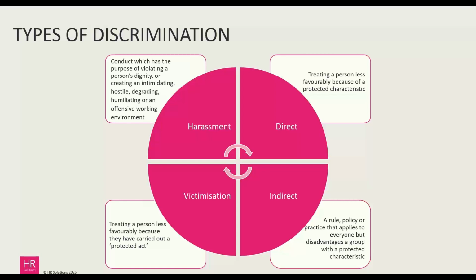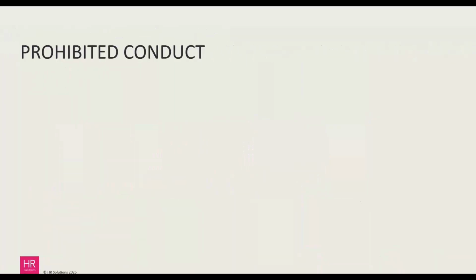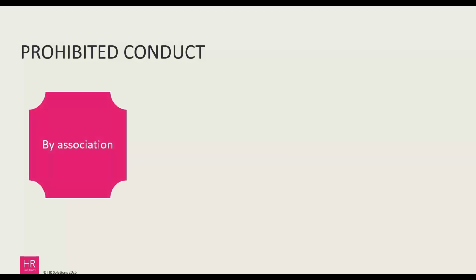But that's not all. Did you know that there are also other types of discrimination that can occur within one of these four main types? And I'm going to show you what these are now. There's something called prohibited conduct that provides other avenues for discrimination claims for some of those protected characteristics, not necessarily all of the protected characteristics.